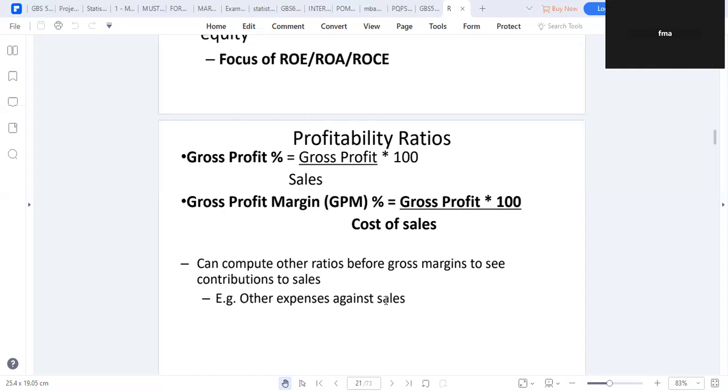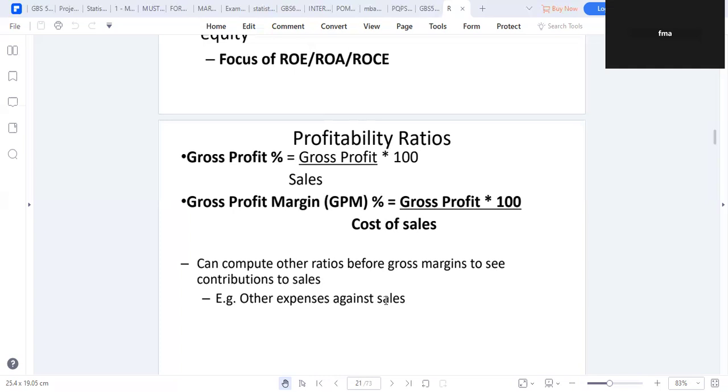So you notice that there are a lot of formulas that could be there. So you just need to pick those ones that you're able to understand. You may not necessarily need to do all the ratios.